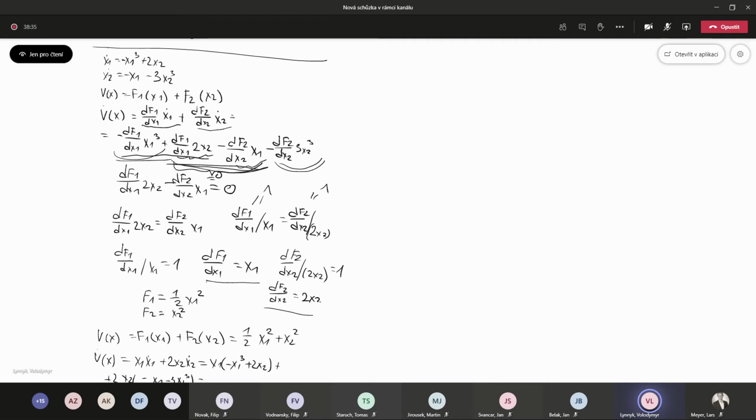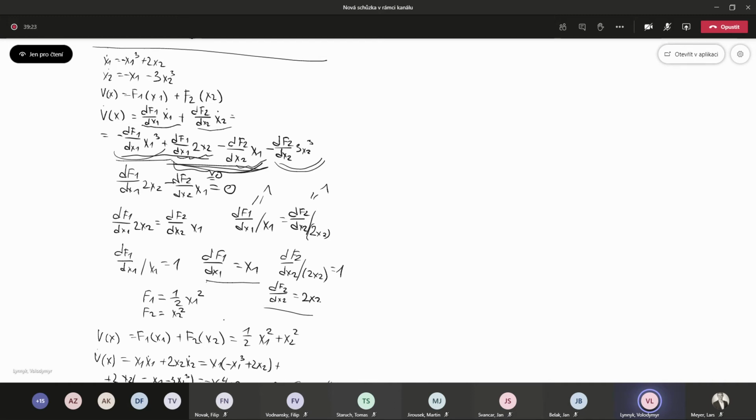Okay, and it's equal to minus x1 to the 4th degree plus 2x1x2 minus 2x1x2 and minus 6x2 to the 4th degree.